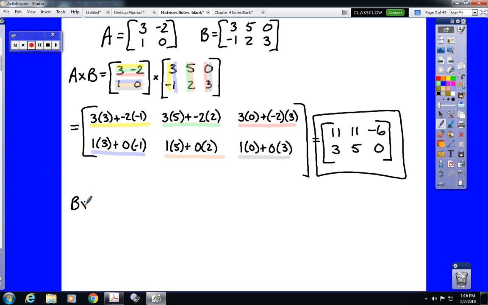Now, as I mentioned before, b times a can't be done, right? b was 2 by 3. A is 2 by 2. So right there, we know this is not going to work. So since it cannot be done, if I ask you for that, you would simply answer with, that's not possible, empty set, no solution.